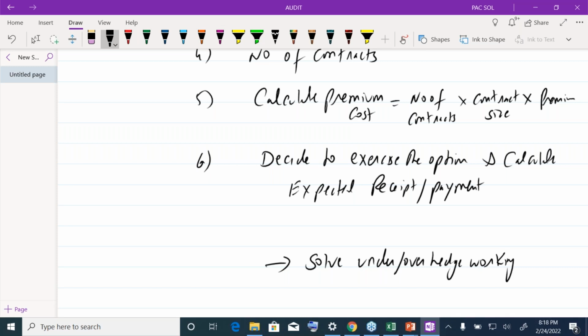So these are 6 steps. The first 5 steps are very easy. The only technicality you will face is in step number 6, but if you think and then apply, you can do it. It's not that difficult. I will explain all these steps with the help of a question.